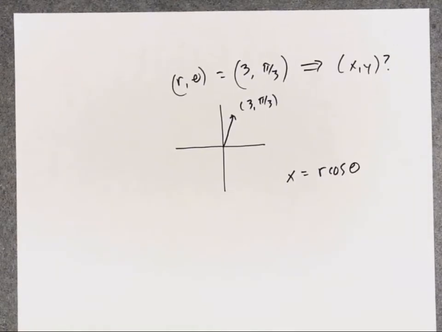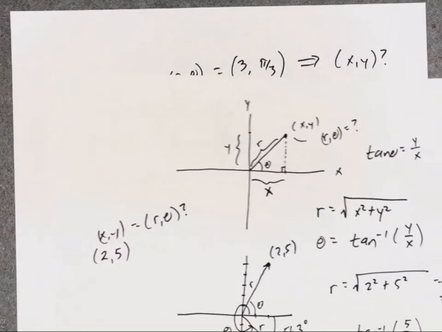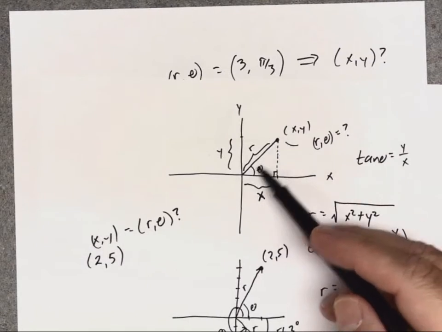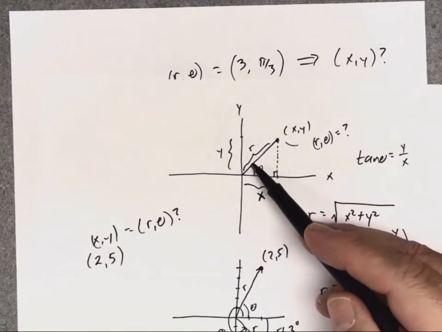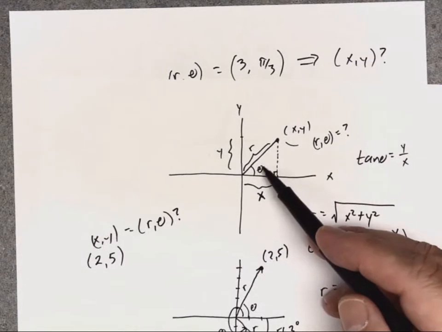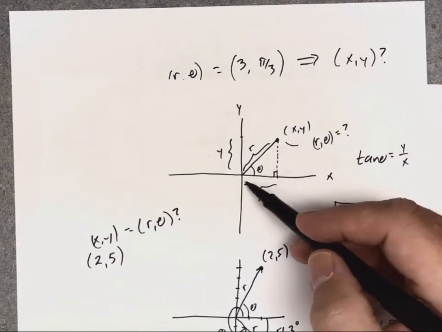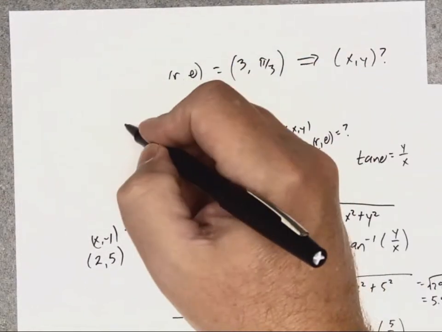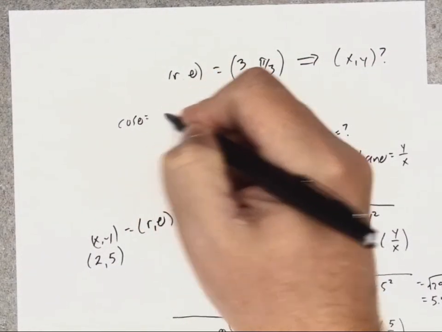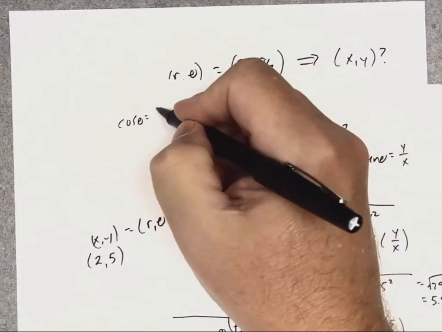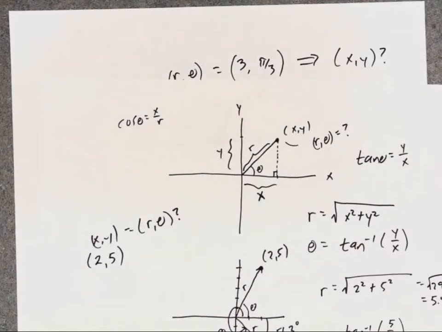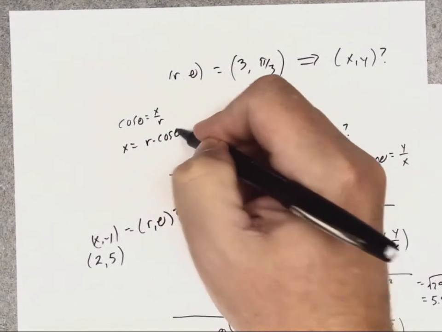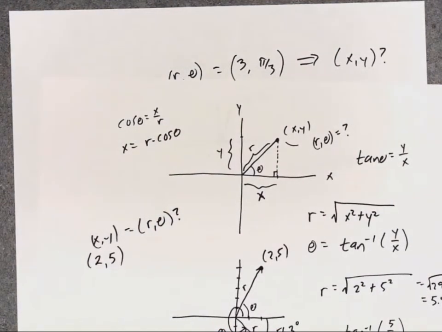I didn't really show that, but if we go back to our original drawing up here, when we put an xy point here, and then we made a triangle, if for some reason I start out with the r and the theta, if I want to find this distance here, what do I know? I know the cosine of theta is x over r. And if I solve for x, r cosine theta.